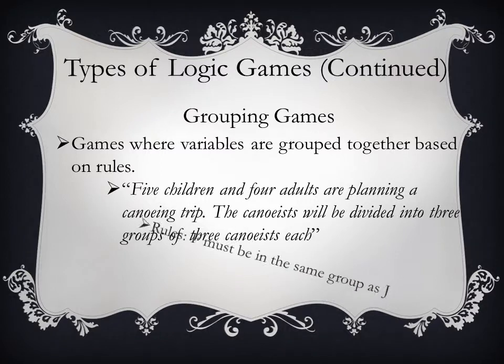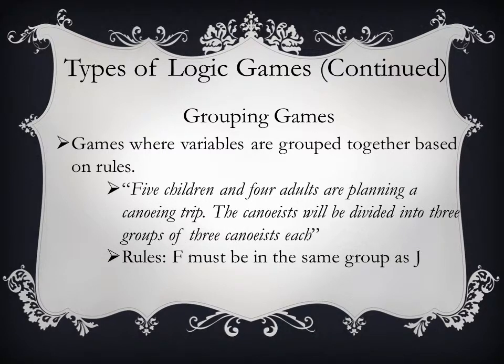The rules are always going to state stuff like F must be in the same group as J, or if F is in canoe 1, then J is in canoe 3, or F and J cannot belong in the same canoe together. In this case, because we're differentiating between children and adults, it might be a rule like there has to be at least one adult in each canoe. And I actually think that is a rule, if I'm not mistaken.